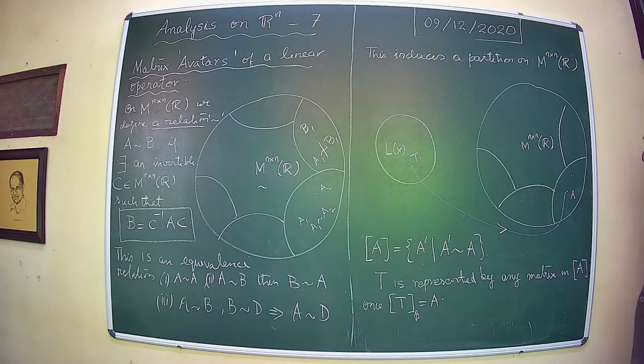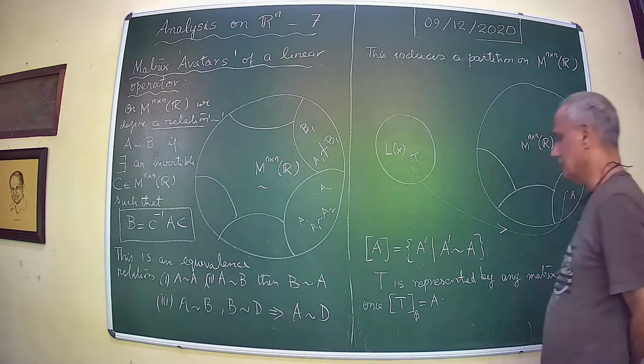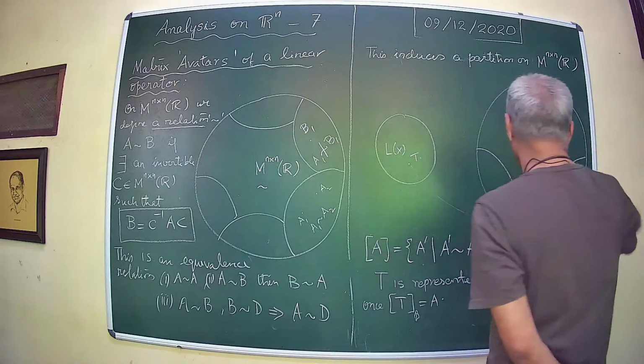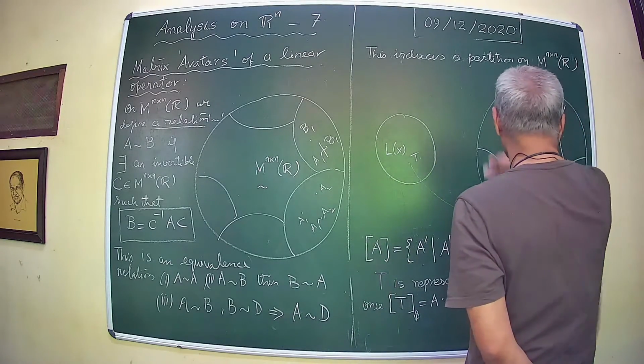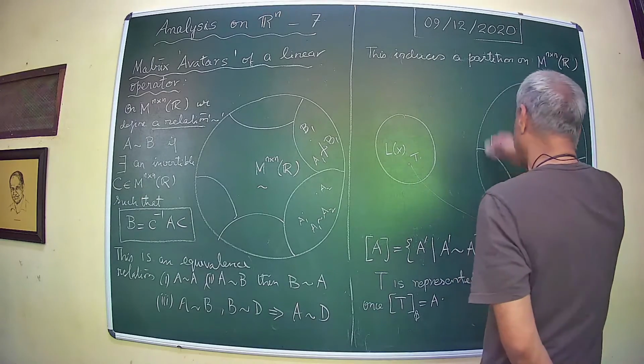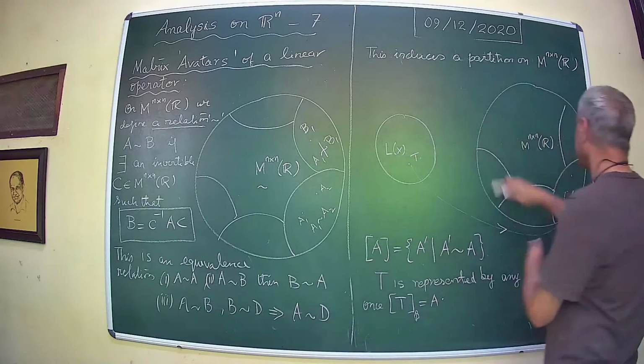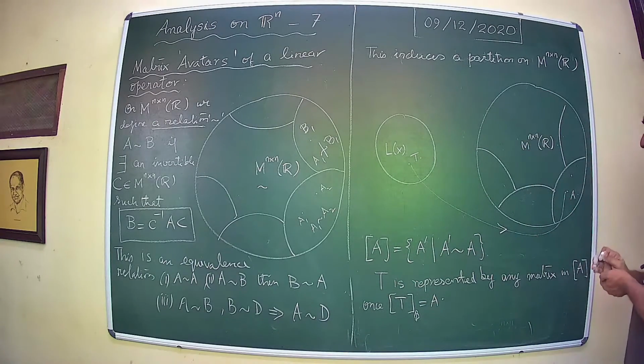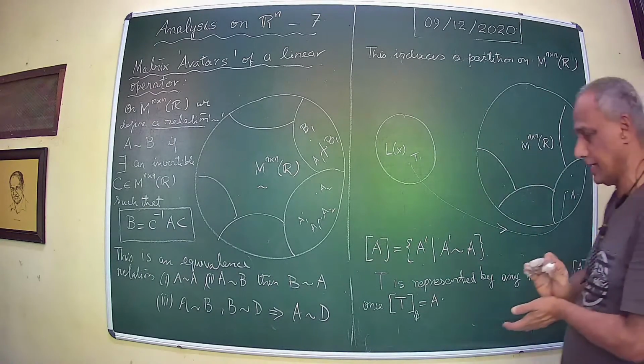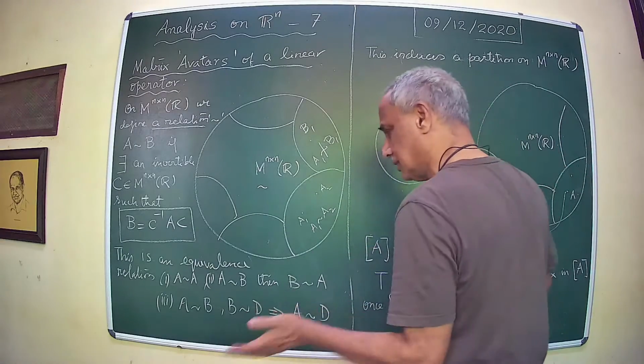So you see that there are these equivalence classes. After making the equivalence classes, you can put boxes of this. All elements of M n cross n are partitioned through this.